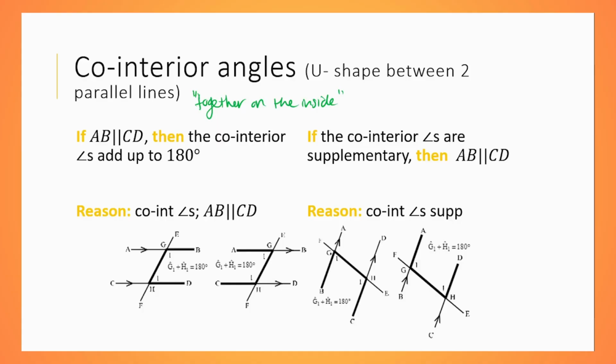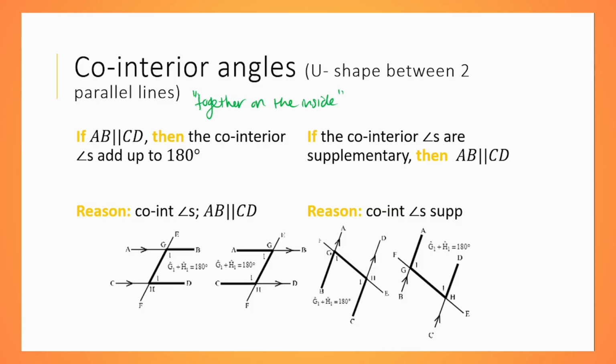And then if they ask you to show or prove co-interior, then if you can find that the 2 angles on the inside of the parallel lines, on the same side of the transversal, together on the inside, if they are adding up to 180, then the lines are parallel because the co-interior angles are supplementary.